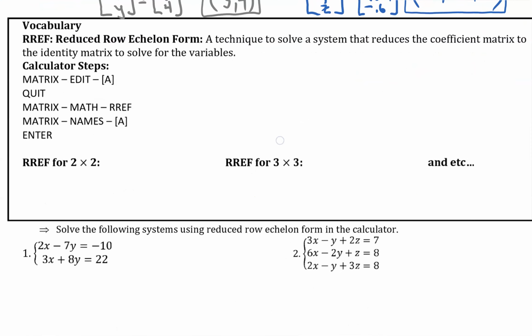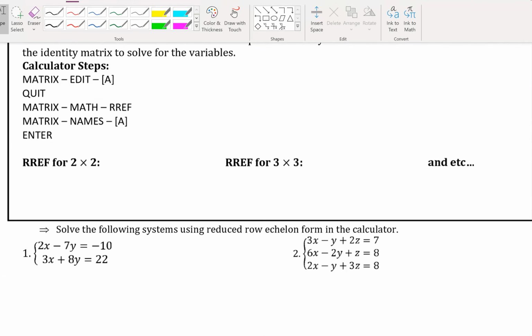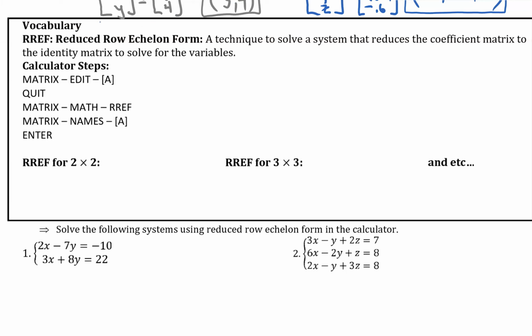For the next part of this, vocabulary, RREF, reduced row echelon form. This is a technique to solve a system that reduces the coefficient matrix to the identity matrix to solve for the variables. Calculator steps: matrix, edit, put in your thing here for A, then quit, then matrix, math, RREF.